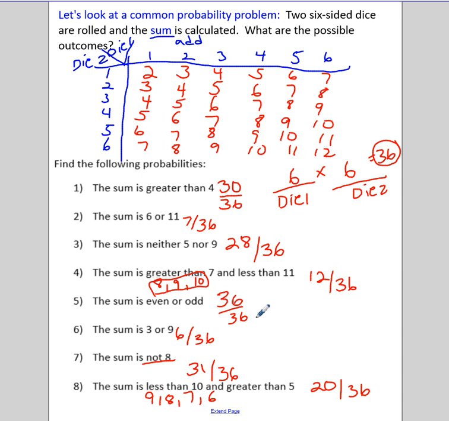In other words, you have to ask yourself, is this what should happen in theory if I went out and rolled 2 die and added them together? Or is this what happened when my teacher actually rolled 2 die together and added them up? I didn't do any rolling, right? I just mapped out in theory what should happen. So all of these are theoretical probabilities. That's awesome if you were able to recognize that.